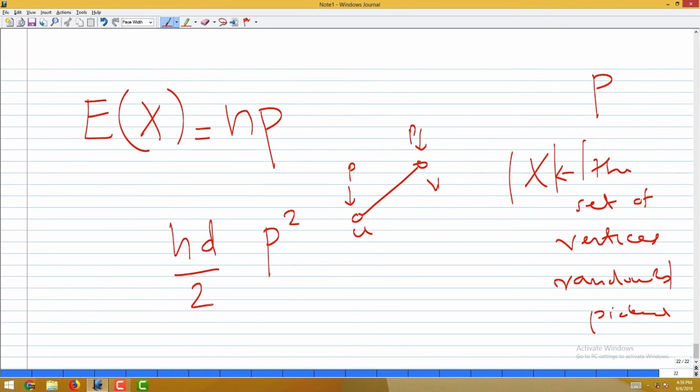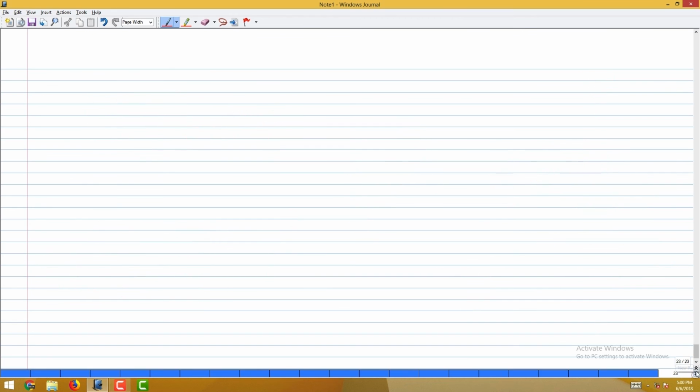So p square probability this edge can come. And then what is the expected number of edges? Same idea of indicator random variable: every edge gets an indicator random variable whether it comes or not, and that comes with probability p square. So n into d by 2 into p square is the number of edges in the selected set. Let us say y is the number of edges in the selected set.